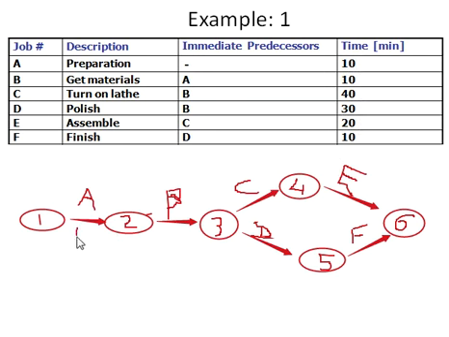You can simply write down the time duration available for each activity. So for C it is 40, for D it is 30, for E it is 20, and for F it is 10.